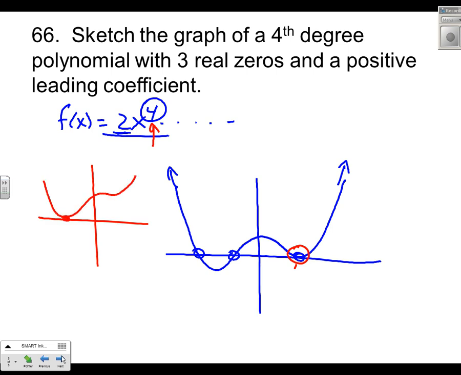That would count as 2. We could come down, cross, cross, get the rest of our wiggle done up there. That would be 2. But as soon as we touch, we can't cross through again without getting 4. If we touch, that counts twice. That's 4. So again, debatable depending on whether you're talking about multiplicity, but our book would say that you cannot have 3 real zeros.